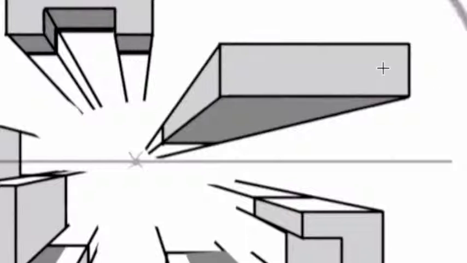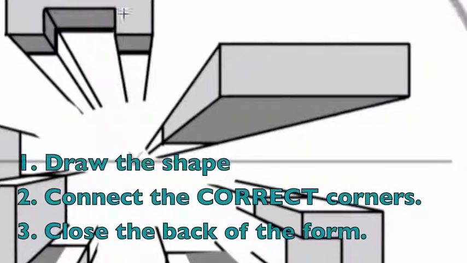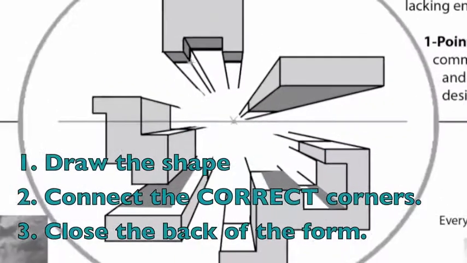If it's a see-through object, you'll connect all of the corners to your vanishing point. If it's not a see-through object, you will only connect the corners that would be visible. For example, this corner, the bottom left, and then the bottom right. We would not connect this top corner to the vanishing point because we would not see it with the rectangle. Draw your shape, connect the correct corners, and then close off the back of your form.